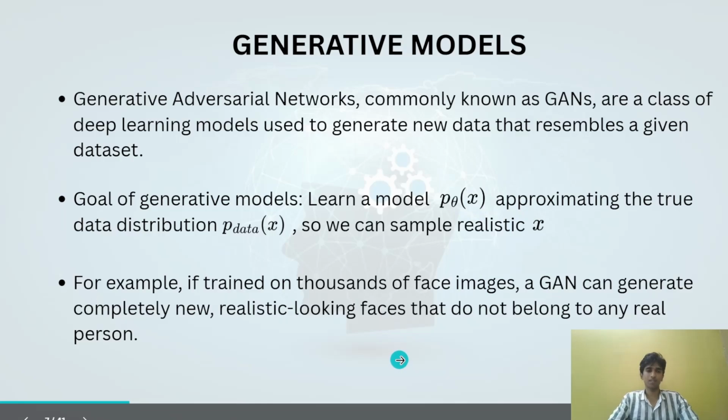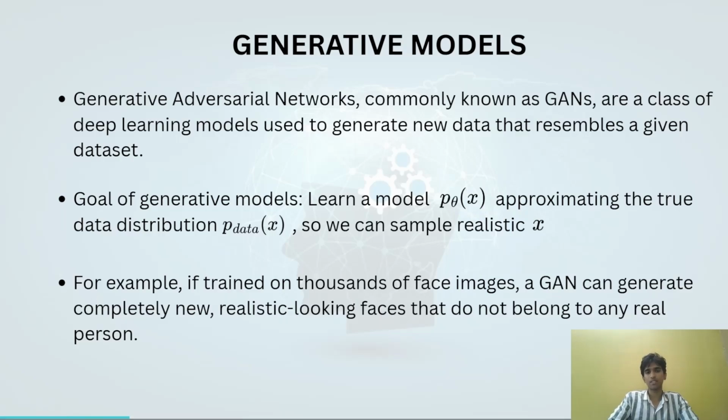For example, if we trained on thousands of face images, a GAN can find out the probability distribution of images which correspond to face images, and they can generate a completely new realistic looking face that does not belong to any real person.